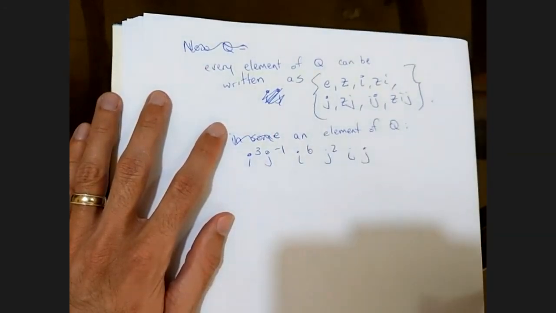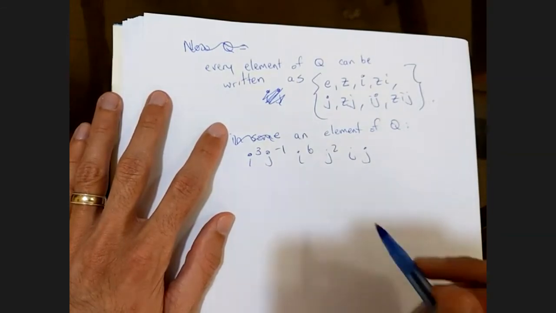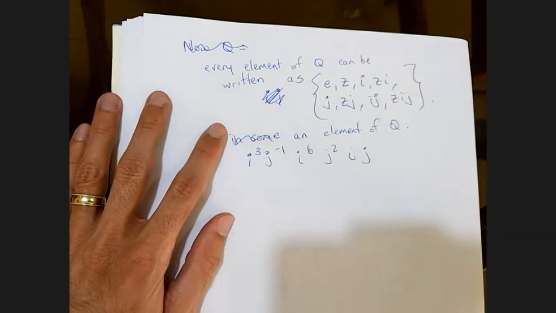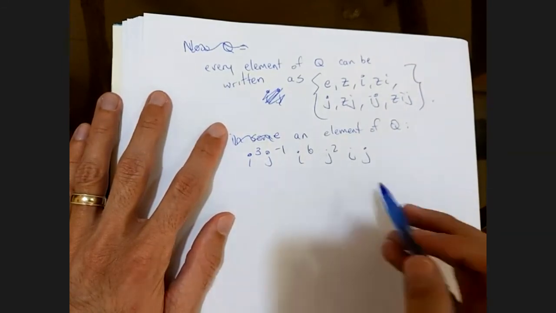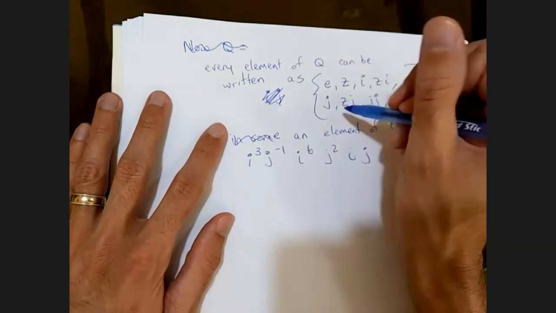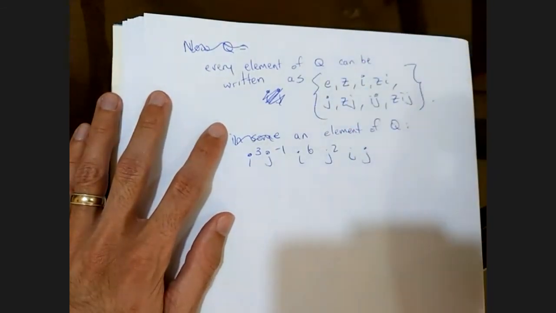Here's just some combination of i's, j's, i inverses, and j inverses, multiplied all together in some order. And we want to write it as one of these 8 things.